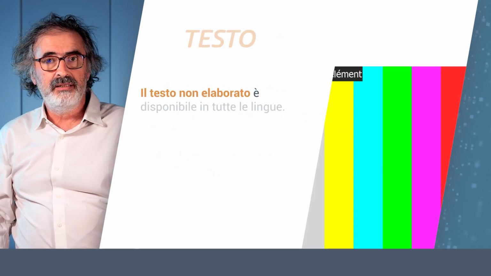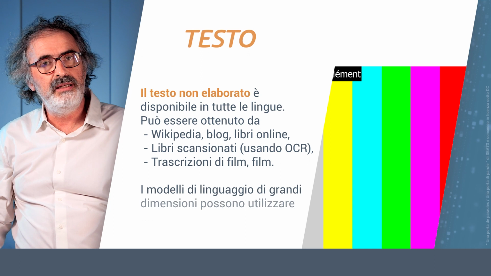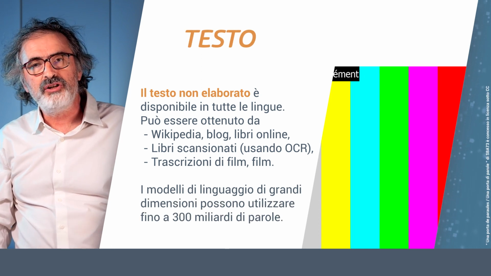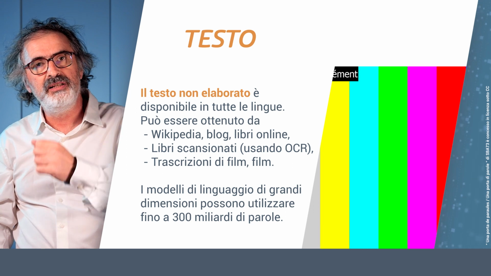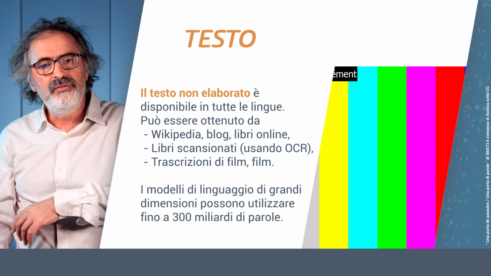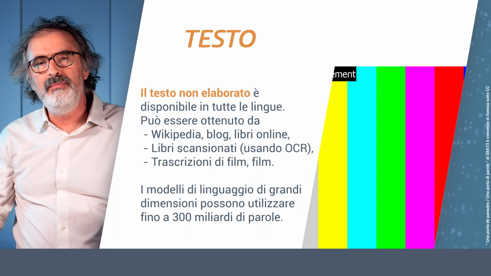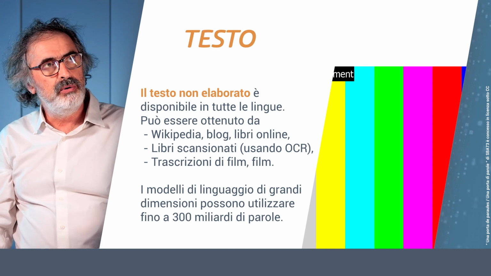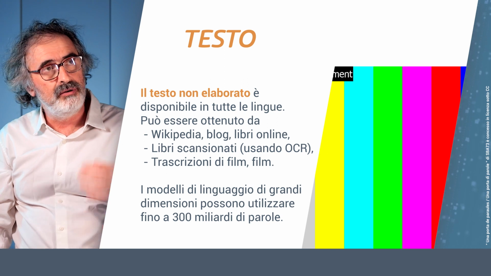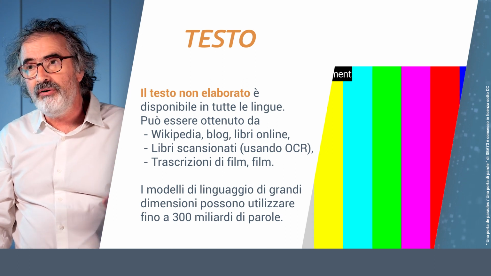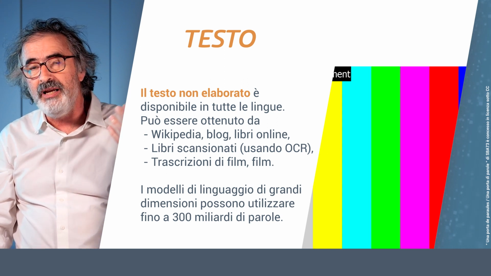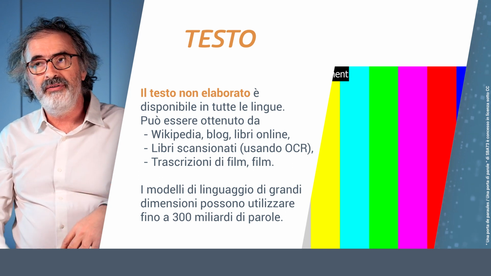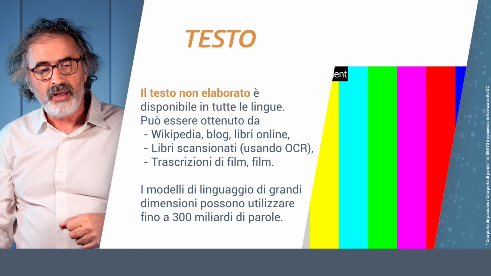So text can be raw. Raw means that there is no organization to it apart from the sequential presentation of text. You can find it over the web in many ways. You can find it in Wikipedia, on blogs, in newspapers, in online books, and you can also obtain it through the transcription of movies or of lectures.